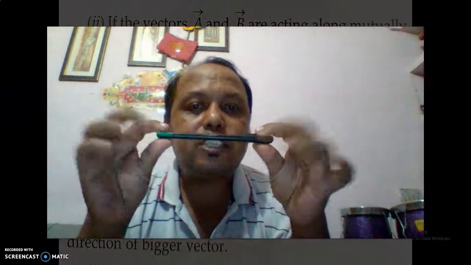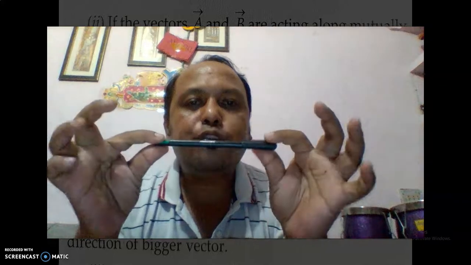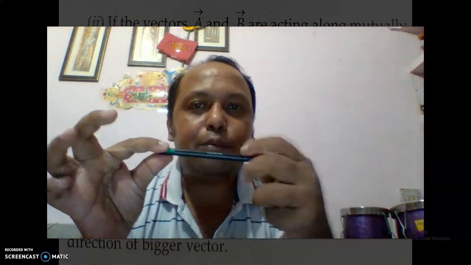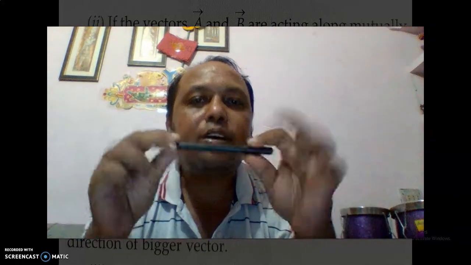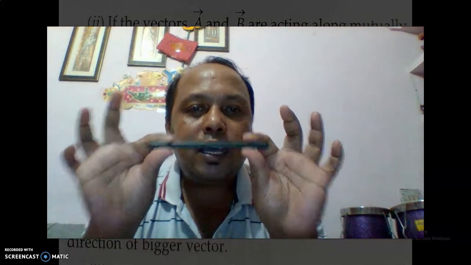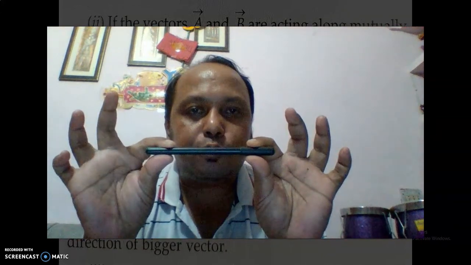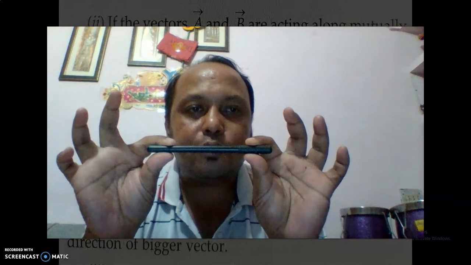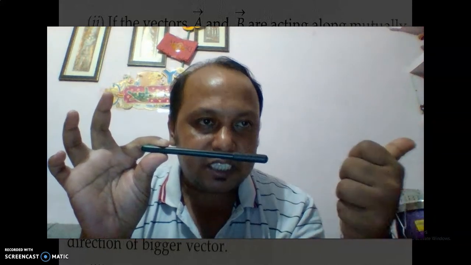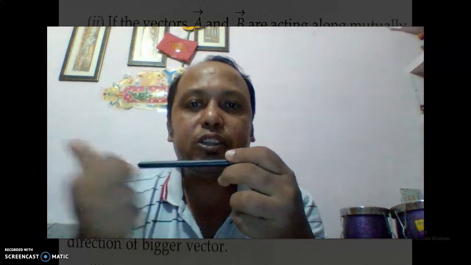Suppose this pen, now 5 Newton force is acting in this direction and 3 Newton is acting in the opposite direction. So two vectors are acting in the opposite direction, and the angle between them is 180 degree. Now in which direction will the pen move, and what will be the resultant force? 5, because it is the bigger one, minus 3.